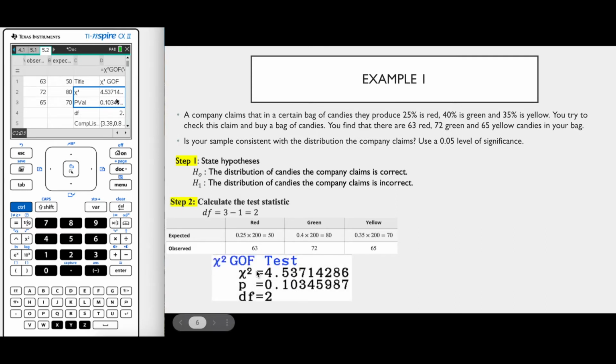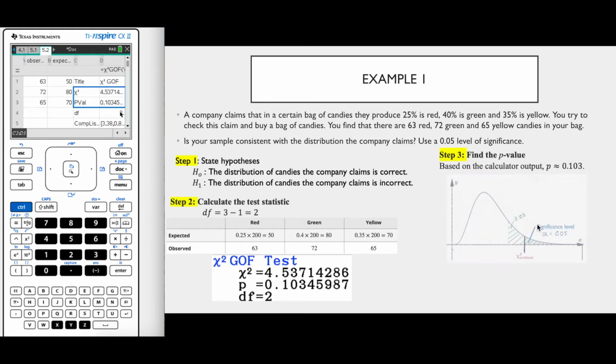Okay, so now that we have our two values, we can do a conclusion. In our question, we had 0.05 level of significance. So this is our level of significance, which we compare to the p-value. Our p-value is 0.103, which is bigger than our significance level.